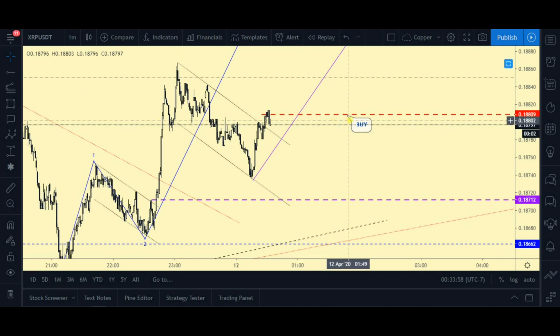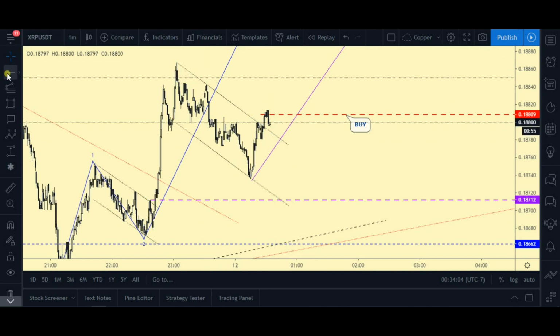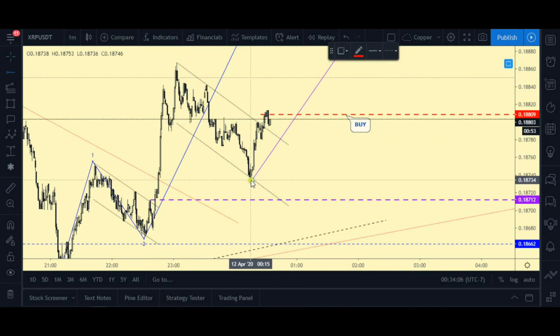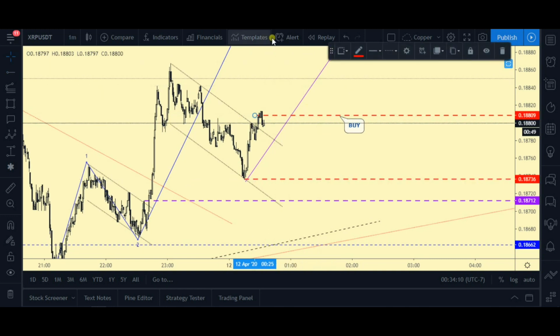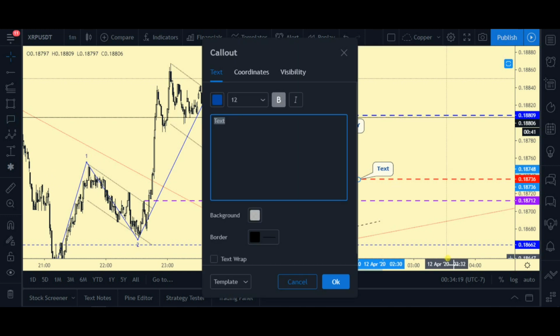If I put a buy here after the breakout of the channel, which is a strong confirmation according to my technical analysis, I would put my stop loss here just below. So this is my buy, and this is where I would put my stop loss. So this is the point of stop loss.